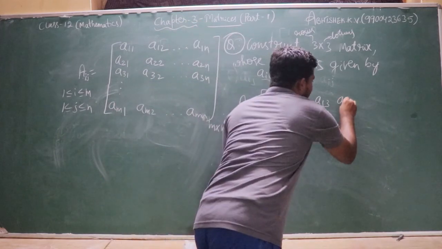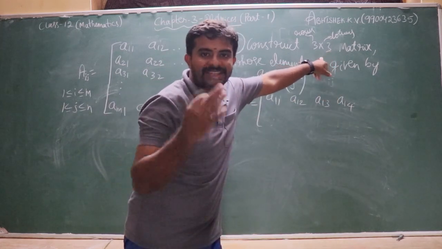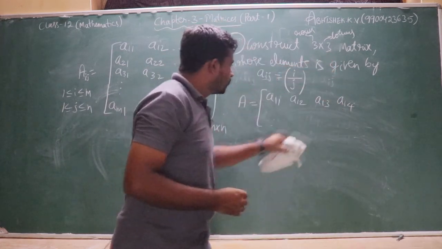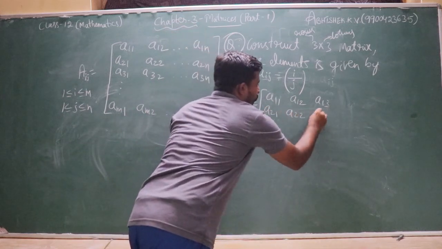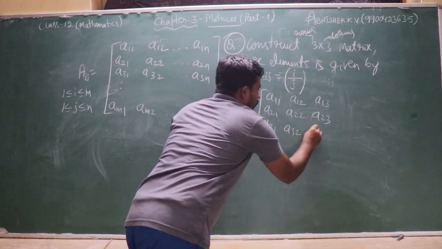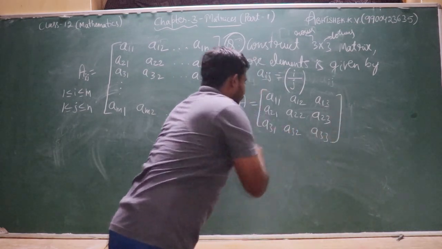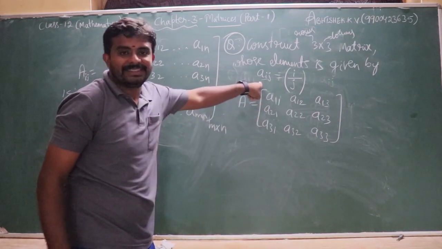If I write A14, it does not exist because we have only 3 columns. So we stop here. Then A21, A22, A23, A31, A32, A33.